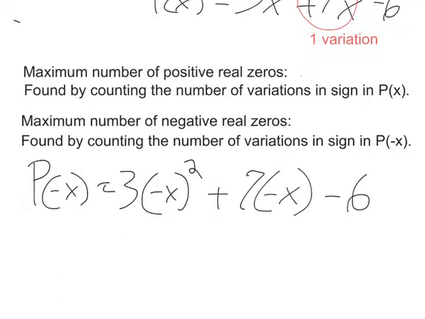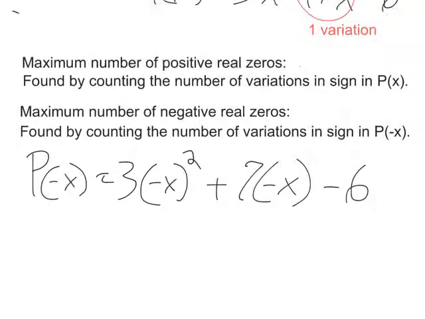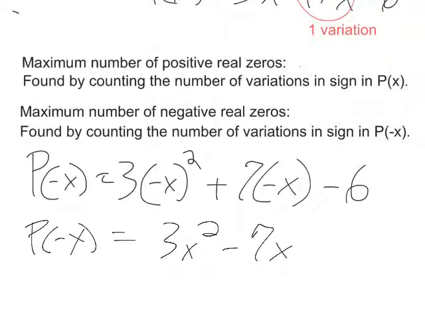All right, let's scoot down just a little bit more. P of negative x is equal to 3x squared minus 7x minus 6. Now what happens, if we did have some terms that have an odd power, we have a change in our sign. So our number of variations in sign may change a little bit too, okay?